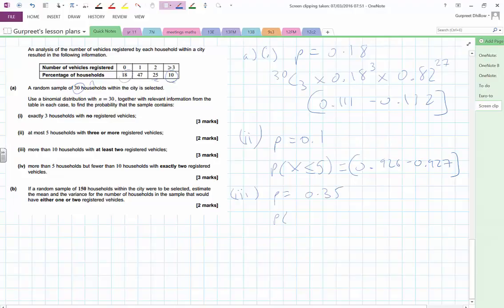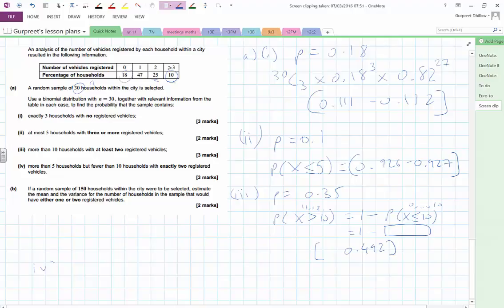At least 10 means x is more than or equal to 10, which is 1 minus the probability that... it says more than 10, beg your pardon, so that's strictly greater than 10, and that's 1 minus the probability that x is less than or equal to 10, because you want 11, 12, dot, dot, dot, so take off all the numbers, 0 to 10. You look up that number after tables, and the accepted answers, an answer of 0.492 for that.